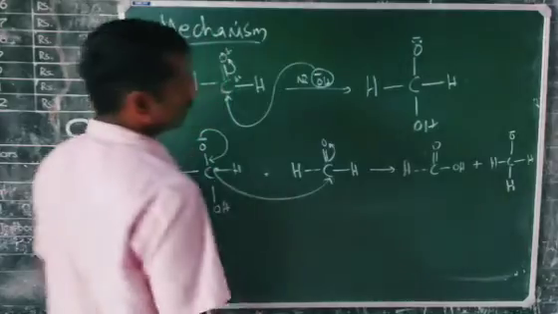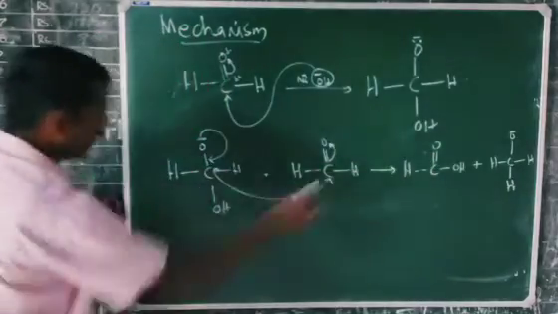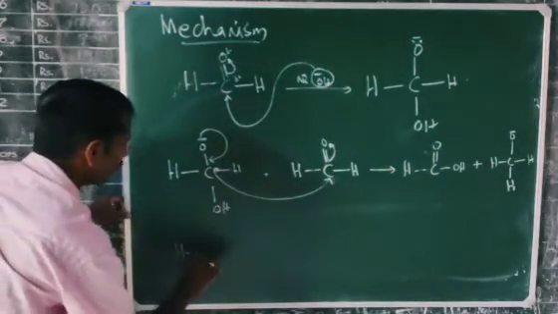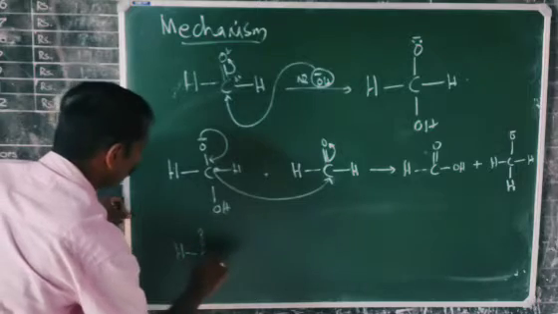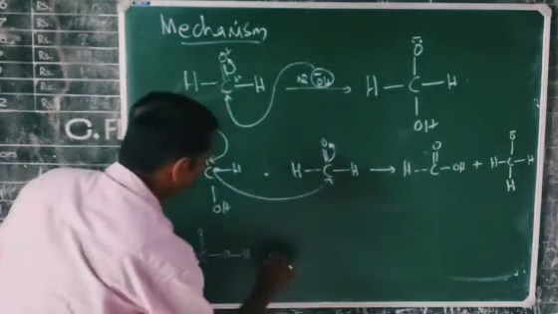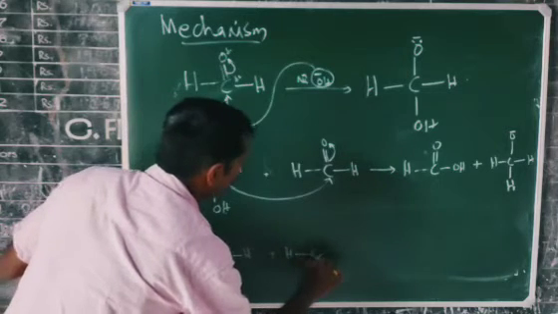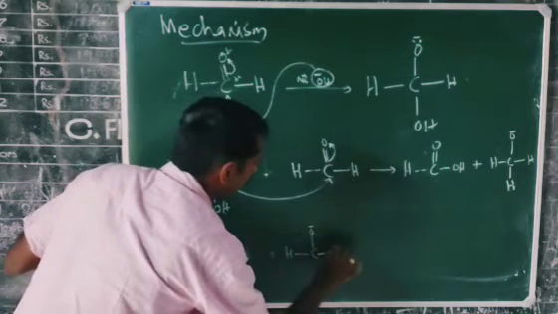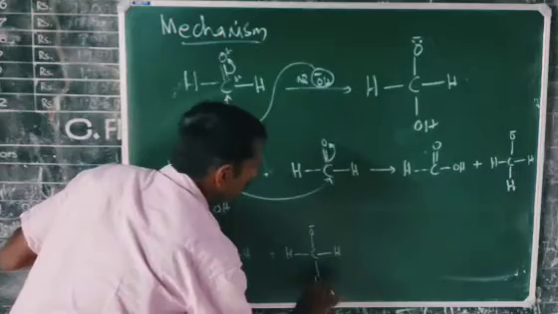Now in the next step, look here, I am writing the same thing once again: H, C double bond O, H, plus H, C, O minus, H, and H, this structure.